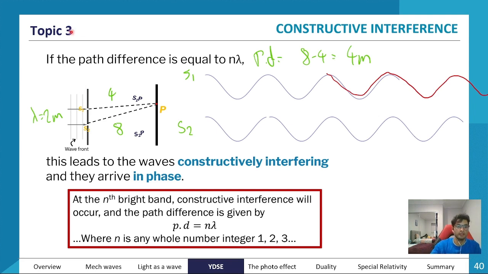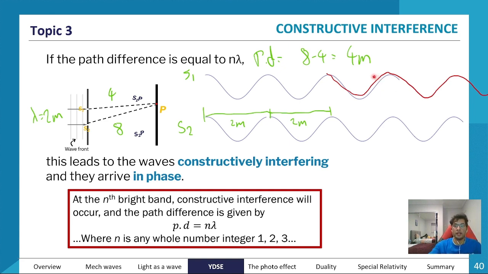Since the wavelength is 2, from here to here, that's 2 meters, and from here to here, that's 2 meters. Since the secondary wave travels 4 meters longer, it has to be shifted by 4 meters. And when that happens, you get this, which is still constructively interfering.